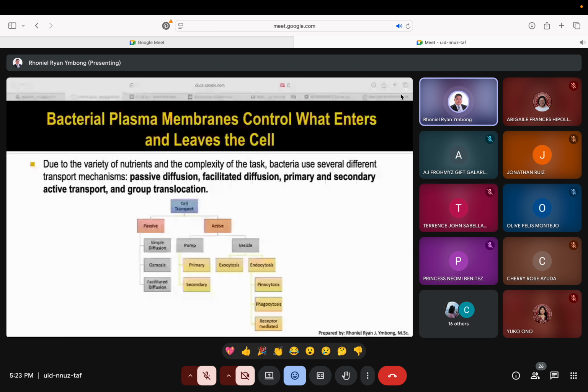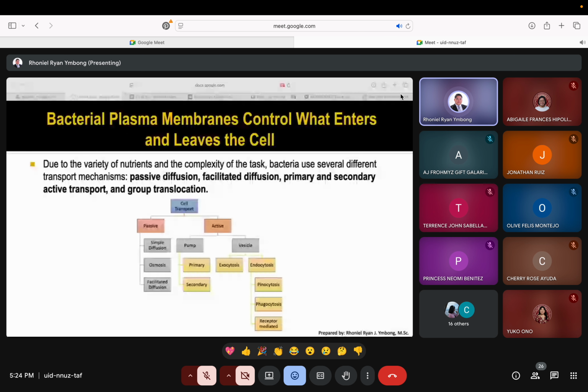The primary and secondary active transport are the main transport mechanisms that your bacterial cells are actually using. For the vesicles, more or less, this is for your eukaryotic cells, no? You now have exocytosis and endocytosis.